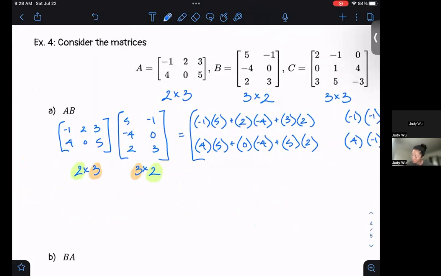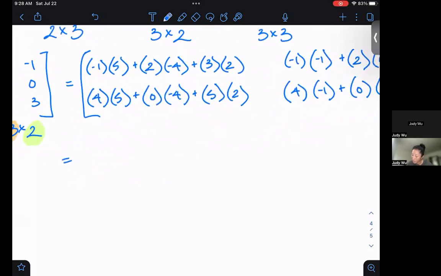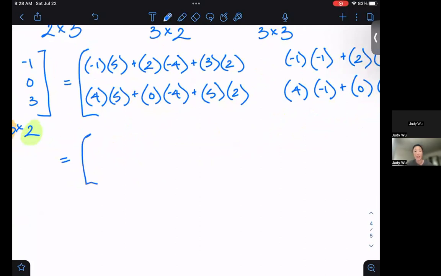Even though I haven't simplified any numbers here, I'm going to have one number here, one number here, one number here, and one number here. I'm going to have 4 numbers. I'm in fact going to have a 2 by 2 matrix. So let's find out what those entries are. I have -1 times 5, and -1 times 5 is -5.